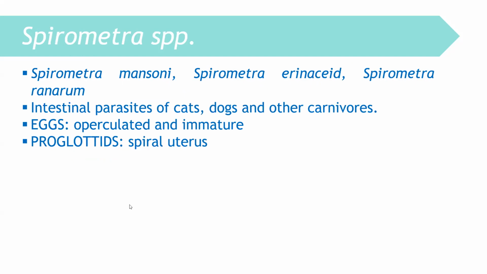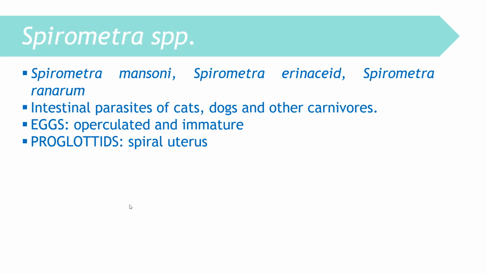Next in line is the Spirometra species. Spirometra can be Spirometra mansoni, Spirometra erinaceae, Spirometra ranarum. Take note, guys, that this is typically a parasite of cats, dogs, and other carnivores.